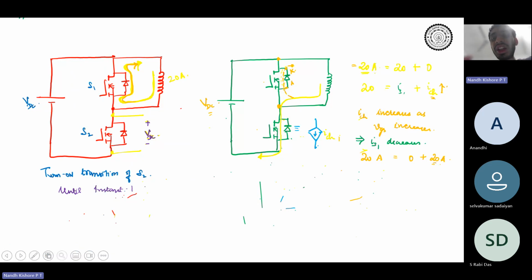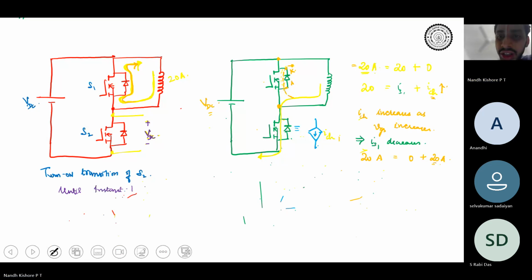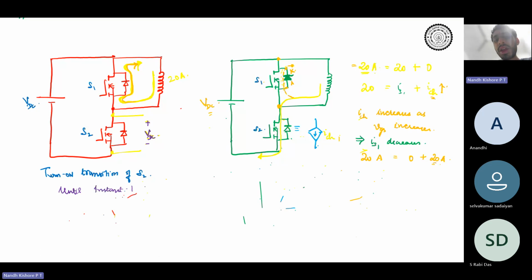Until what point? Until the diode stops conducting. Until this particular diode stops conducting, S1 cannot block any voltage.